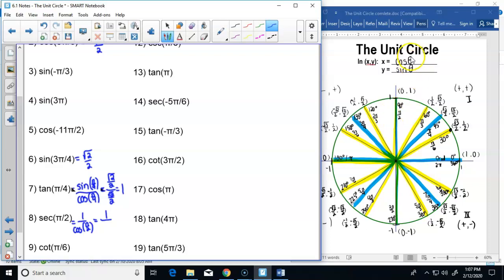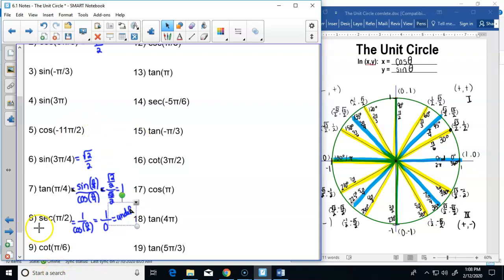Is cosine your x or your y coordinate? X coordinate. So cosine's x coordinate, pi over 2 is right here. So what's the x coordinate that goes with that point? 0. So it would be 0. Oh, that gives me a problem. What's 1 divided by 0? It's not 0. Undefined. Remember, this is why I want a calculator that's going to give you electric shock every time you try to divide by 0. Then you can remember undefined really quickly.